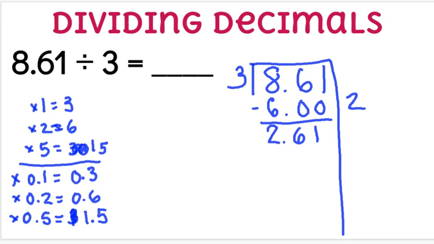So we could use that same strategy, or if you have other things you know as well, you could use those. But I can say that I have 5/10. I can multiply 3 by 5/10, and that would be 1 and 5/10. And if we subtract, we have 1 and 11 hundredths.